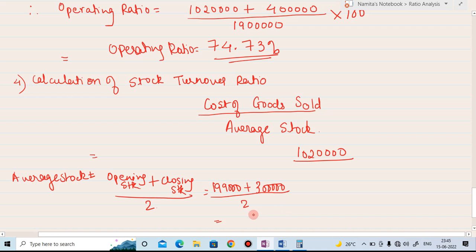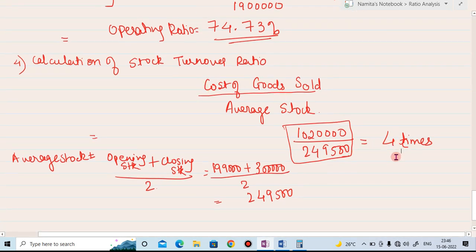So we get 2,49,500. So average stock is 2,49,500. If we divide, we get stock turnover ratio as 4 times. Some decimal points will come, but rounded off it will be 4 times.